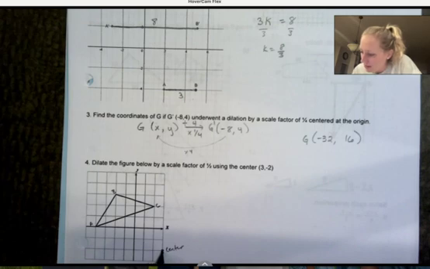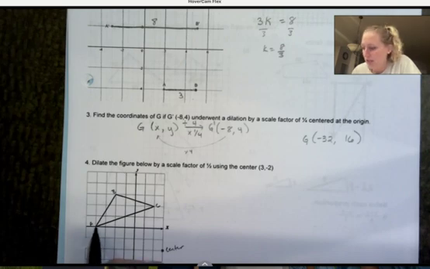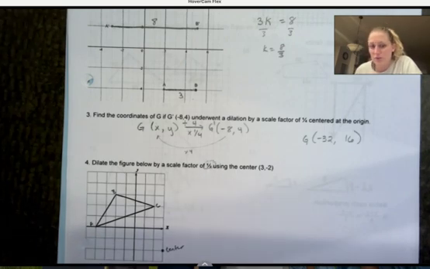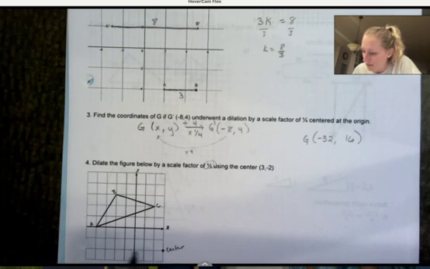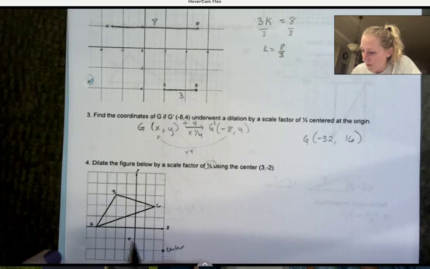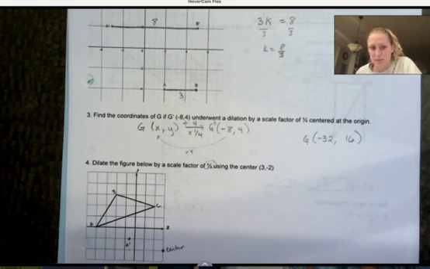To go to A, I went left 7 and up 2. So those are being cut in half. Instead of left 7, I'm going to go left 3.5. Instead of up 2, I'm going to go up 1. So that is where my new A prime is.